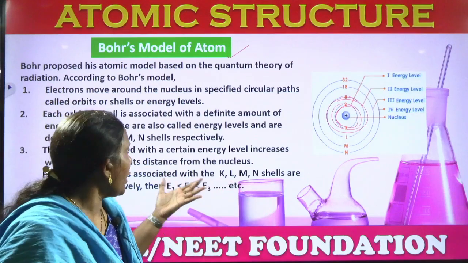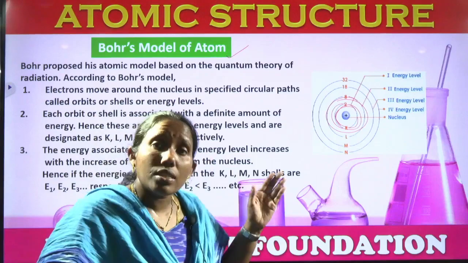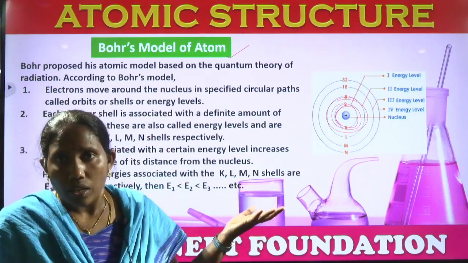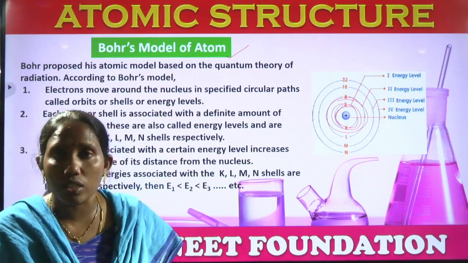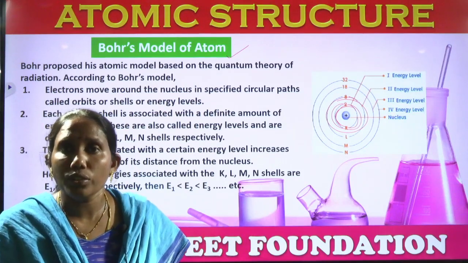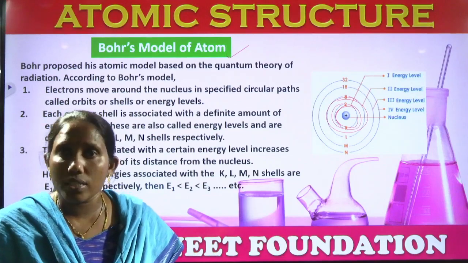Next, electrons jump from a higher energy level to a lower energy level. So what is the drawback of Rutherford's model? When electrons are revolving around the nucleus, they have to lose their energy and fall into the nucleus, but that is not happening. What's the reason?